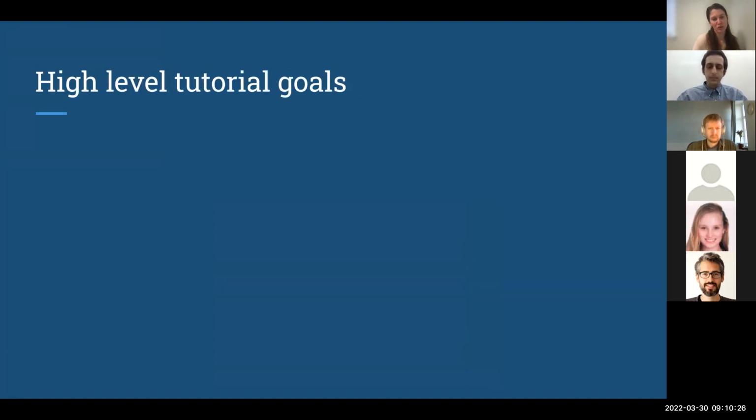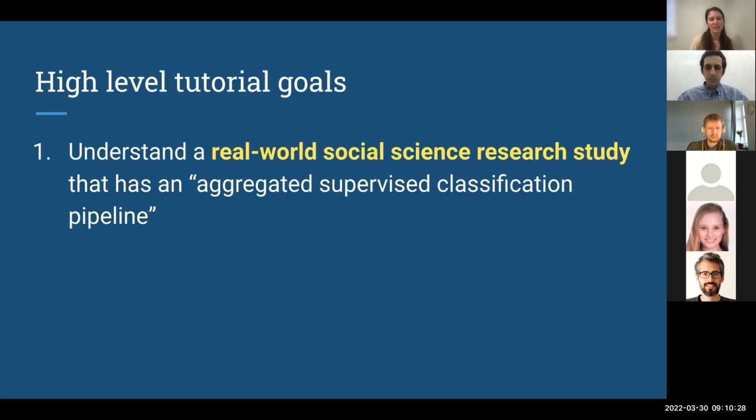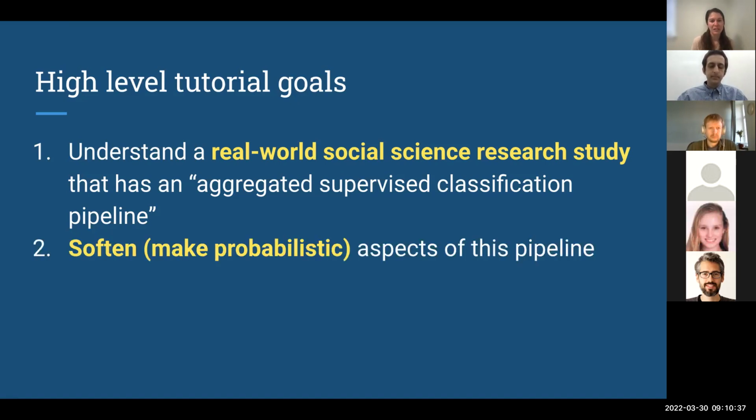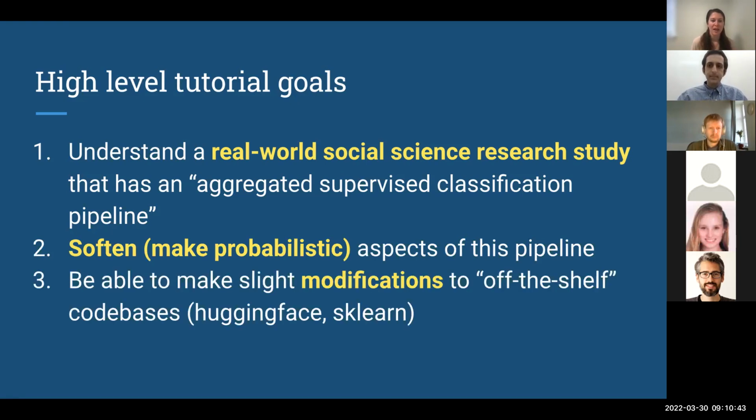So my high-level goals for this tutorial: the first is that you take away an understanding of a real-world social science research study, like we just talked about. The second is that we're going to make and soften these probabilistic aspects of this pipeline. And finally, we're going to take some off-the-shelf code bases like Hugging Face and scikit-learn, and we're going to make some slight modifications to the code.